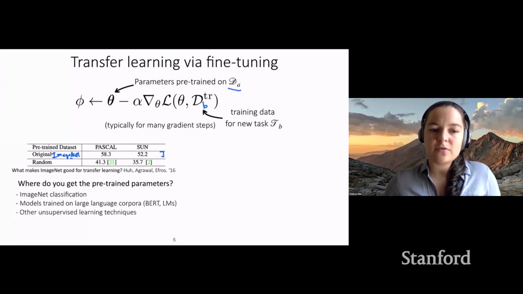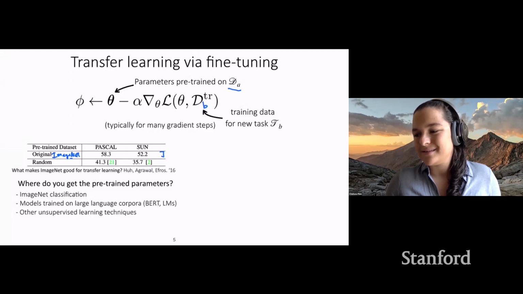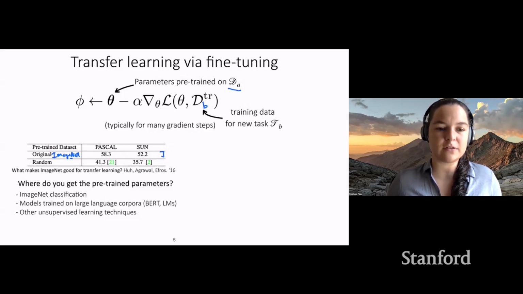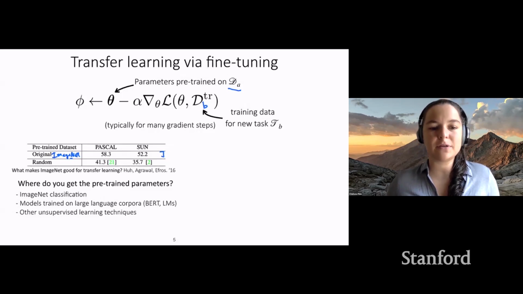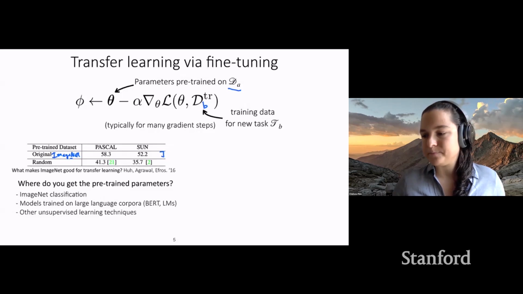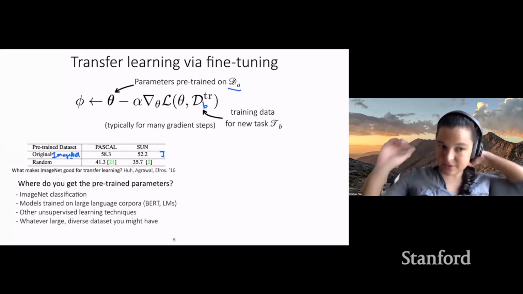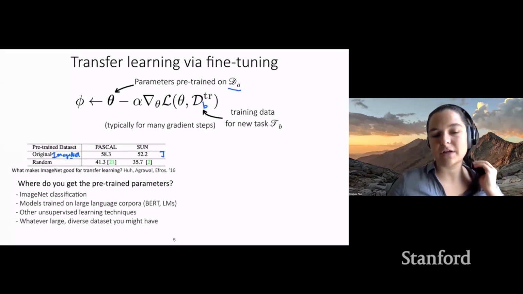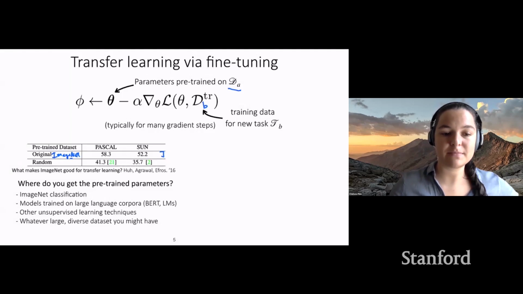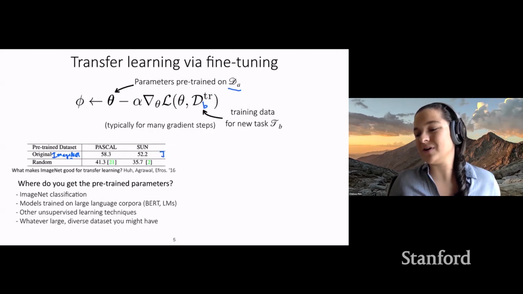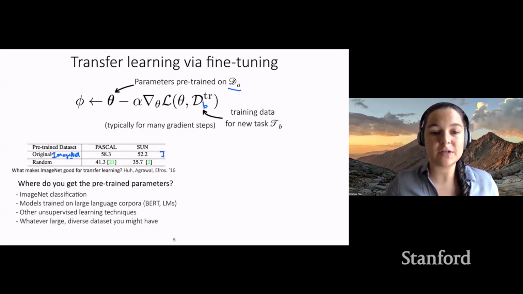Another approach, maybe especially popular in the 90s, was to use unsupervised learning techniques, like autoencoders, to get pre-trained parameters and then fine-tune from that. And really, whatever large and diverse data set you might have lying around can be quite helpful for pre-training when you want to transfer the information in that data set to your downstream task.